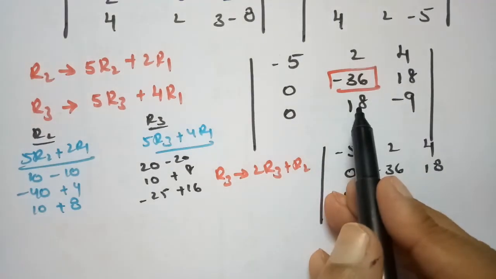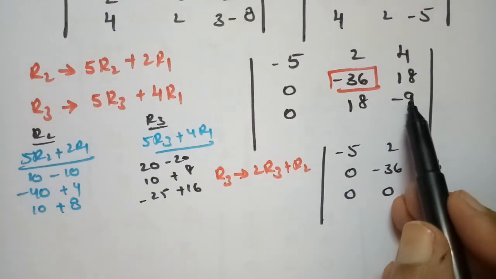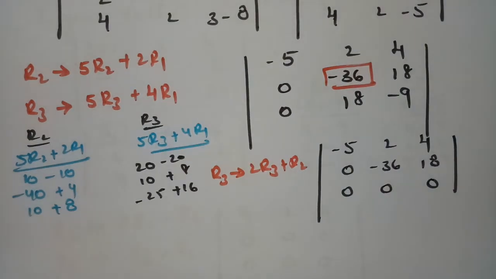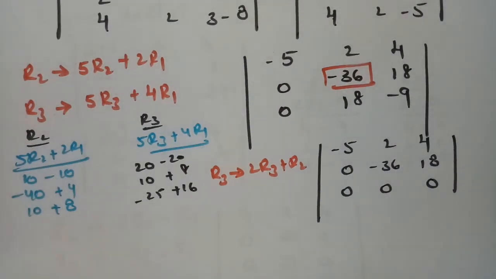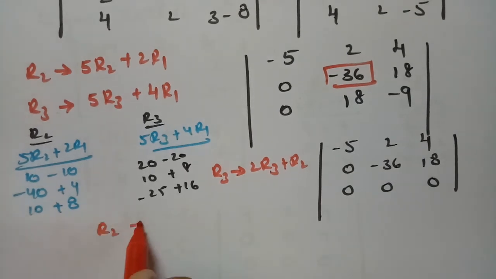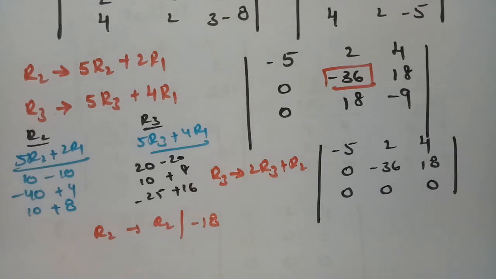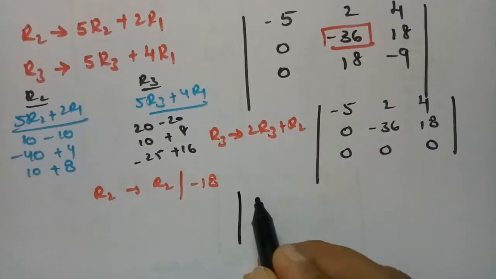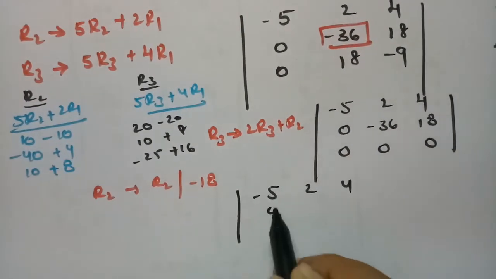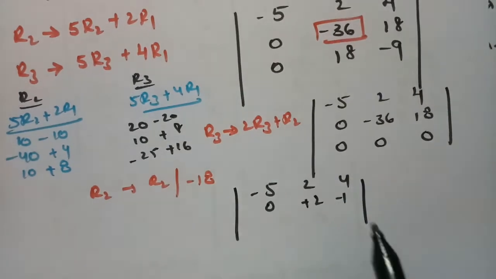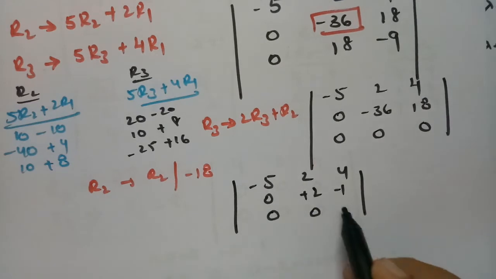If I multiply with 2, this is 36 plus 36, and this is minus 18 plus 18, so this is 0. My next operation, for convenience, is R2 becomes R2 divided by minus 18. So this will be minus 5, 2, 4; 0, 2, minus 1; 0, 0, 0.